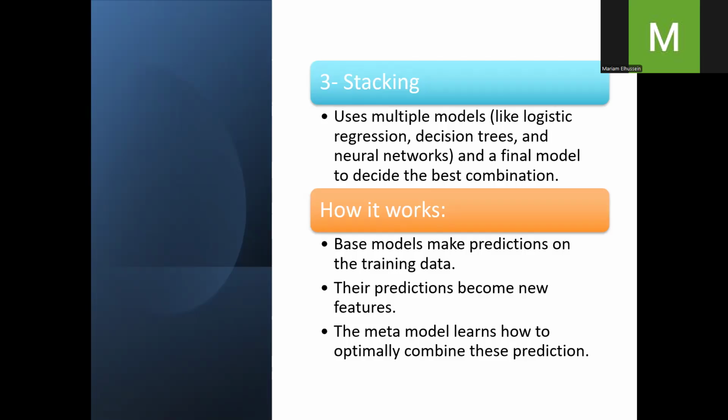Then you will have three outputs from three different models, and then you will train a meta model that will automatically look into combinations. Do we get better results if we combine logistic regression and decision tree alone? Or is it better if we combine logistic regression and neural network? Or do we have a better option combining all three together? So this is how stacking works.